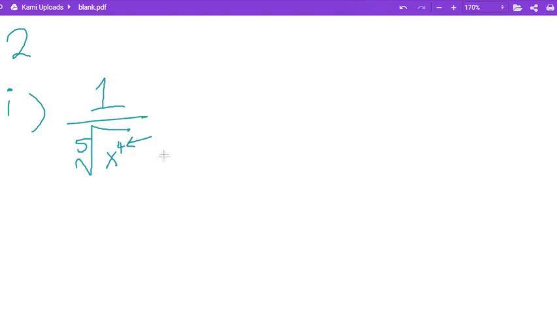Yeah, it's the exponent, or the power. What is the 5 called? The index. Good. What is this sign called? Radical symbol. Good. A radical sign. Cool. And what is the thing that goes inside? The radicand. Don't ask me what that means. I don't know, but it's a word.